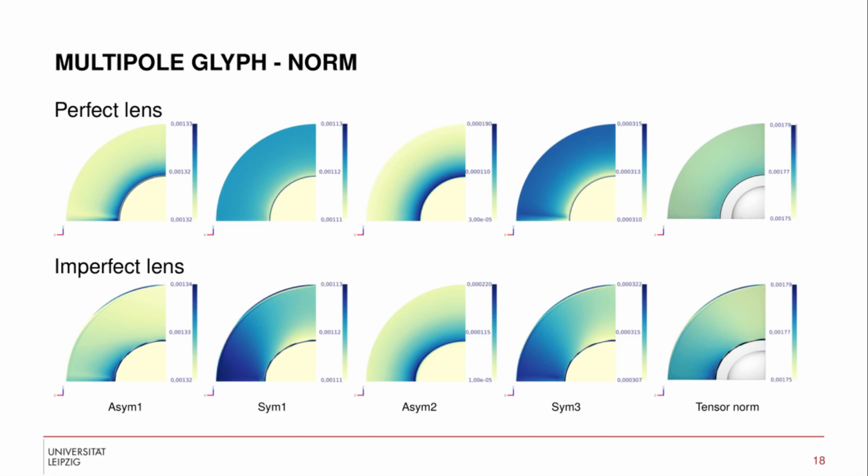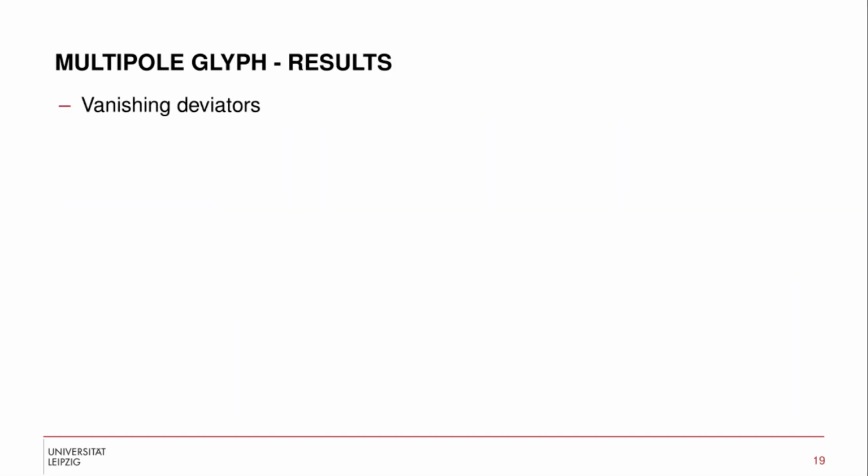So we can analyze the norms in more detail, and we can see that the major changes are in the symmetric part. By now we don't know what this means, but we can analyze the results mathematically. Let's summarize. We have vanishing deviators, the two deviators of higher order.